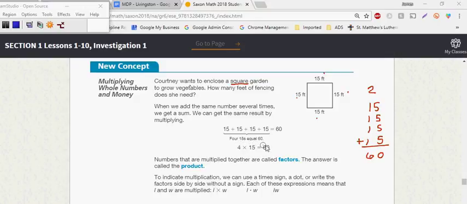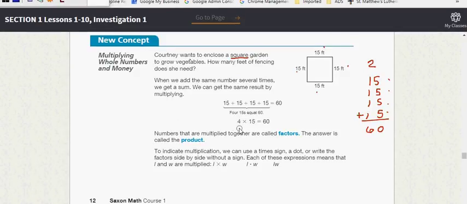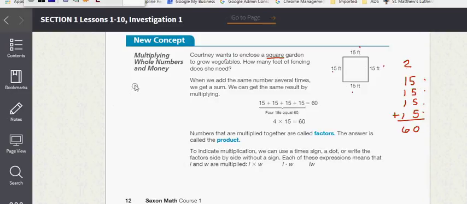4 times 15 is 60, is what we call multiplication. If we have 15, 1, 2, 3, 4 times, we can times it by 4 and get 60. And the way we carry out multiplication is I usually put whatever number has the most digits on top to look like this.